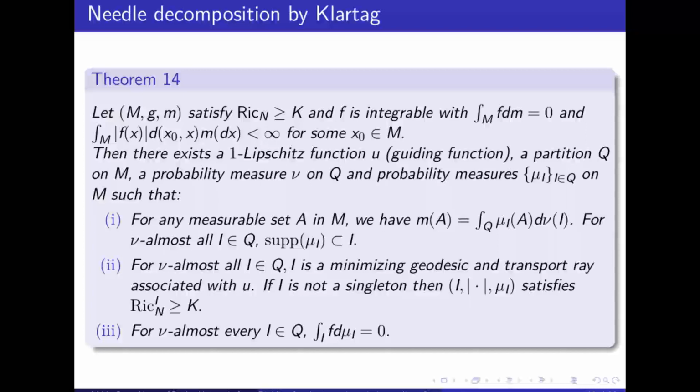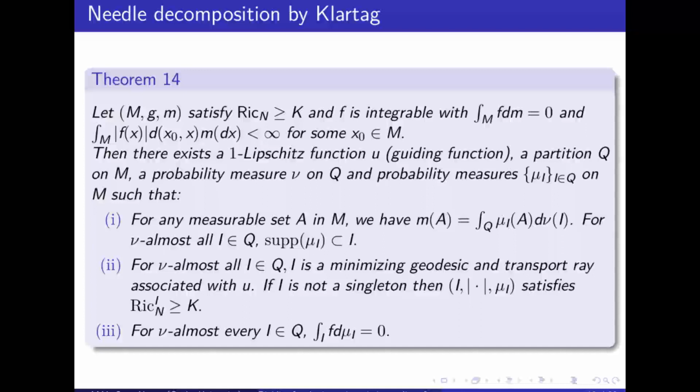If a weighted manifold satisfies the Ricci curvature bound, and we have f integrable with zero mean, then there exists a 1-Lipschitz function u that we call the guiding function, a partition Q on M, which is a collection of needles, and a probability measure on Q, as well as a family of probability measures on the elements of Q, such that we can decompose the volume of A by the partition Q. And secondly, almost all elements of Q are minimizing geodesics and transport rays associated with the guiding function u.